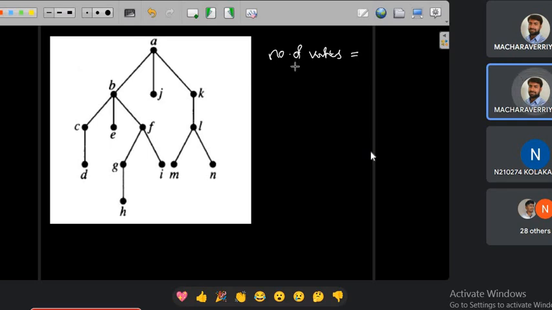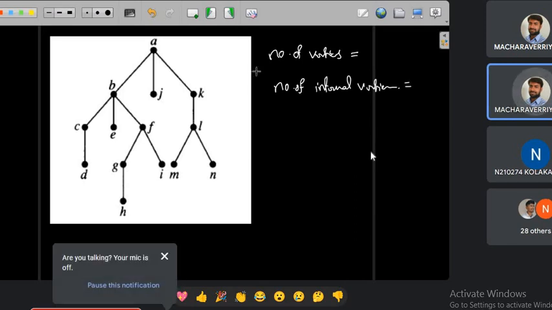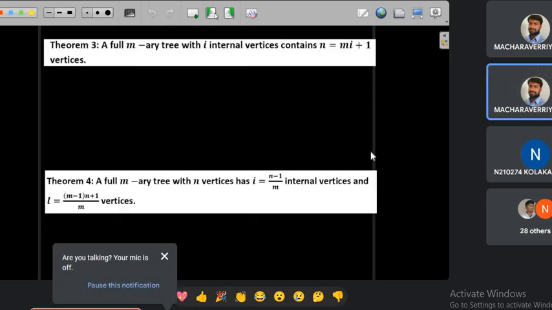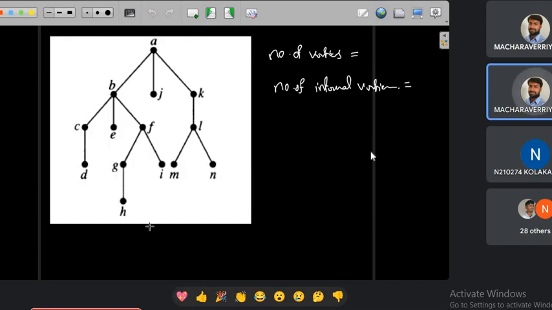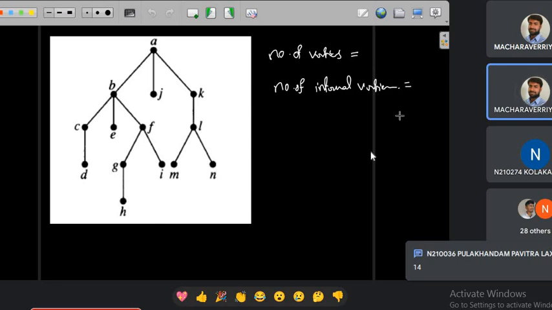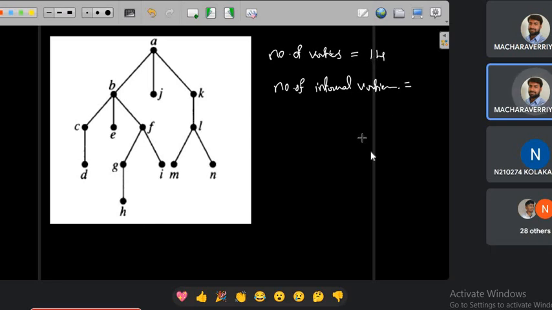Here you tell me one thing, number of vertices and number of what is it we define? Internal vertices. And next thing, number of leaves. So how many number of vertices it has? Okay, 14. And how many number of internal vertices it has?